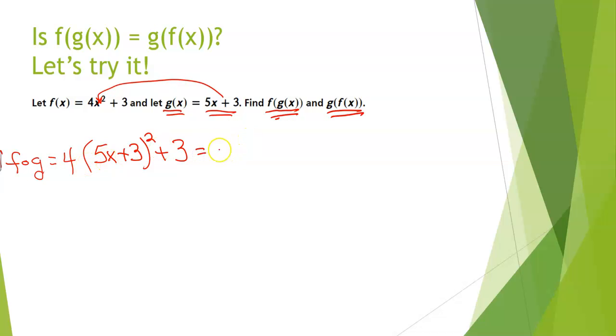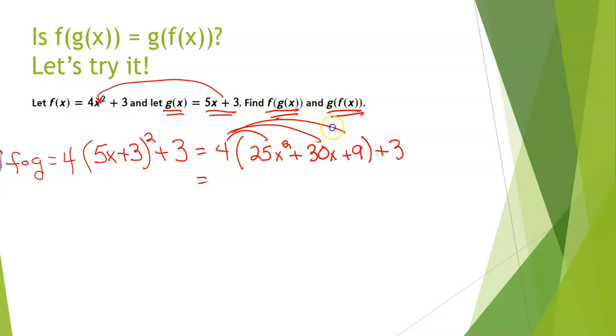Well, I'd have to do a little, again, I can do that in my head because I've done this enough, but you can make your box, or you could do a squared plus 2 times a times b. Well, a times b is 15x, so 2 times would be 30x. And then b squared would be 9, plus 3. Don't forget your 3. Now I'm going to multiply that out by distributing this.